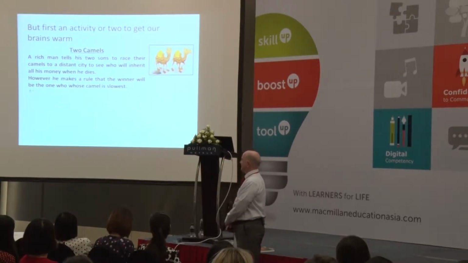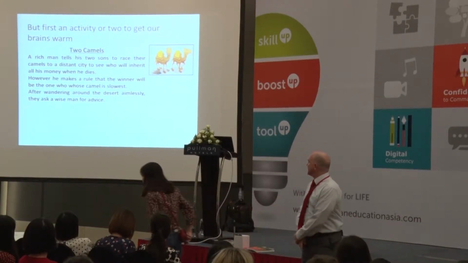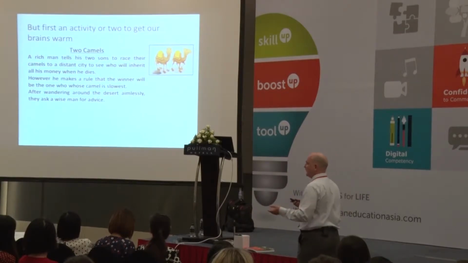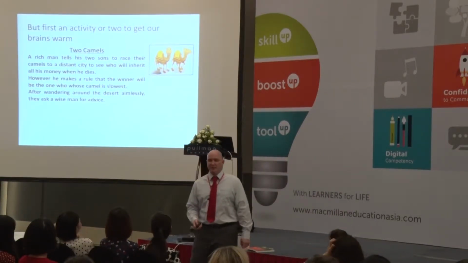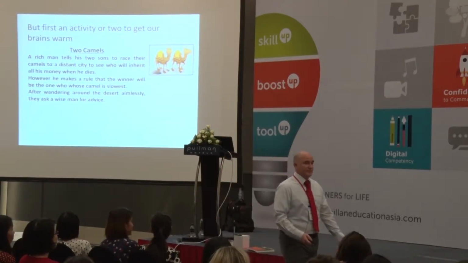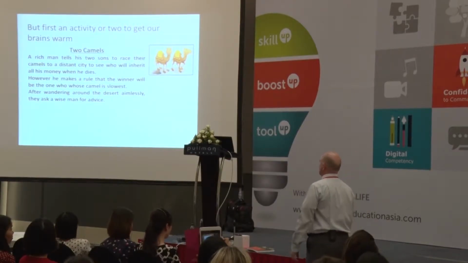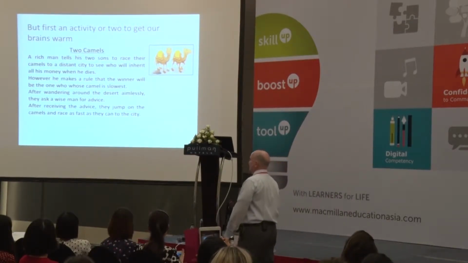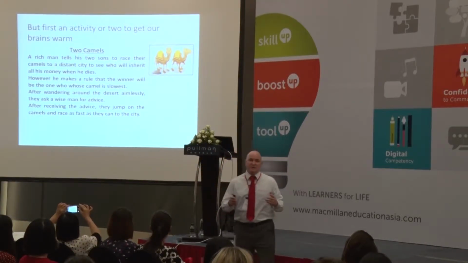So, the boys, after wandering around the desert aimlessly, not knowing what to do, they see a wise man and they ask him for advice. What should we do? We don't know how to solve this. So after receiving the advice, they jump on their camels as fast as they can. They race to the city.